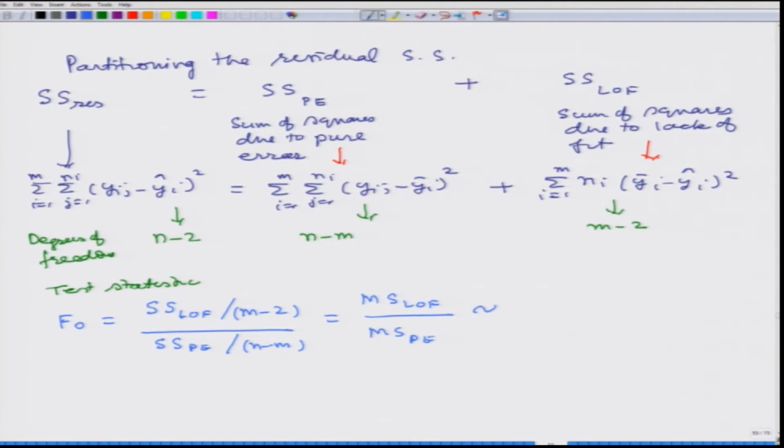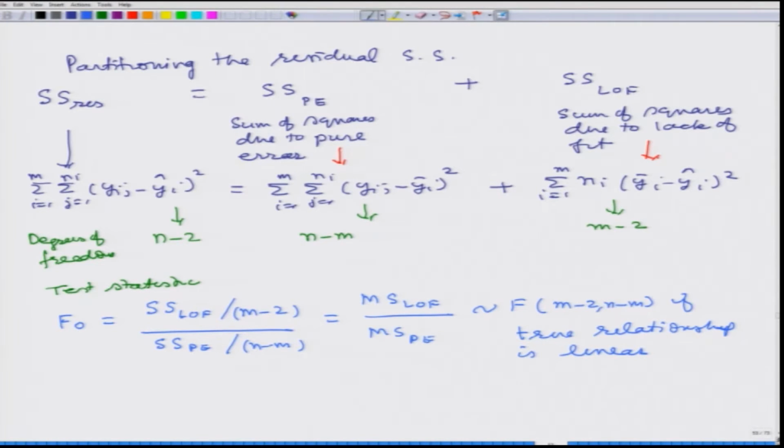And this follows an F distribution with the degrees of freedom m minus 2 and n minus m if the true relationship is linear.